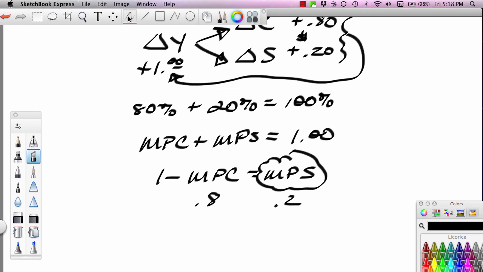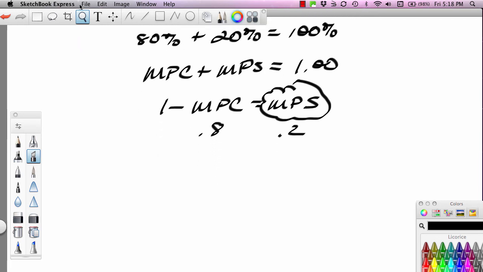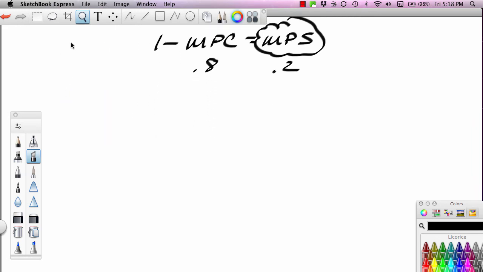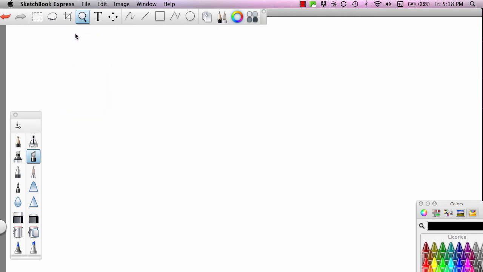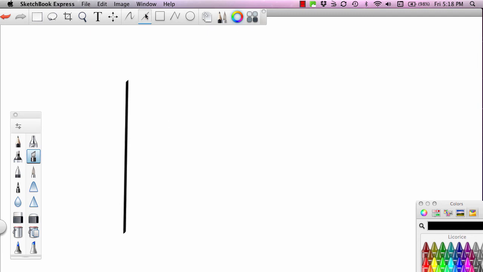Now I'd like to share one more thing with you before we wrap up. I told you this ending might take a little longer than you thought. I just showed you what causes a movement along a consumption function. Let's talk briefly about what shifts a consumption function. So let me just set this up very quickly and go ahead and draw this with me.